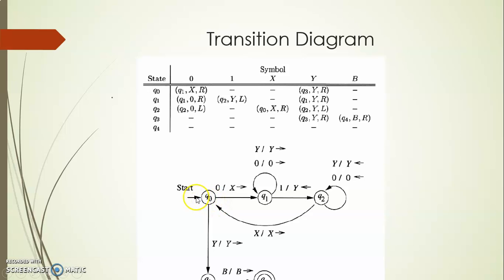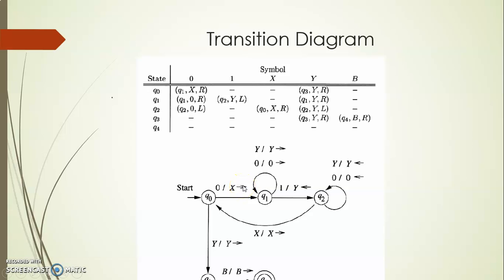Since this is a starting state, an arrow mark represents the start. This transition from Q naught moves to Q1 when I scan the input symbol 0, which is replaced with X, and the tape head moves towards right.